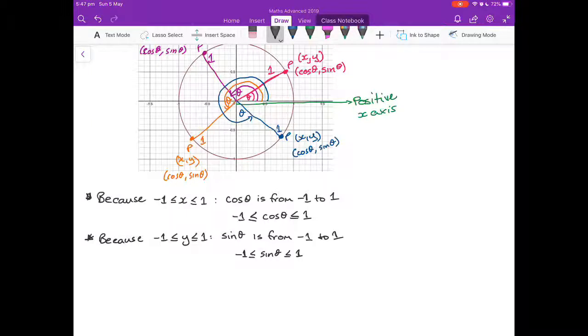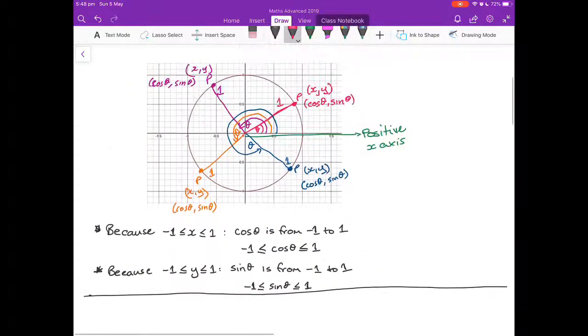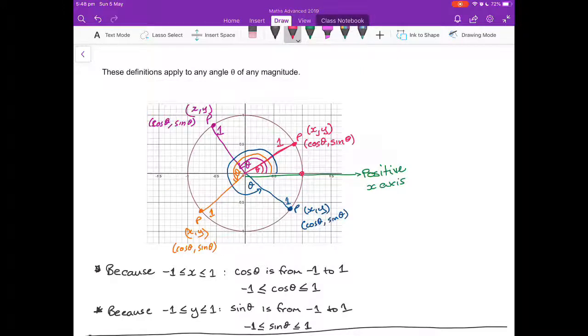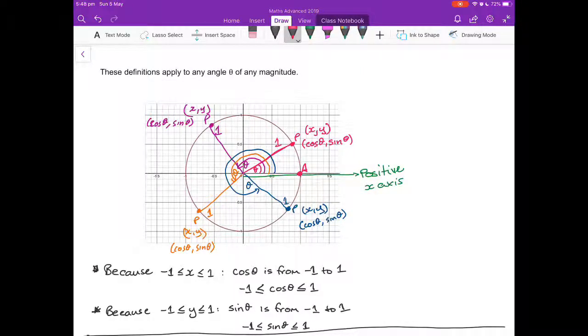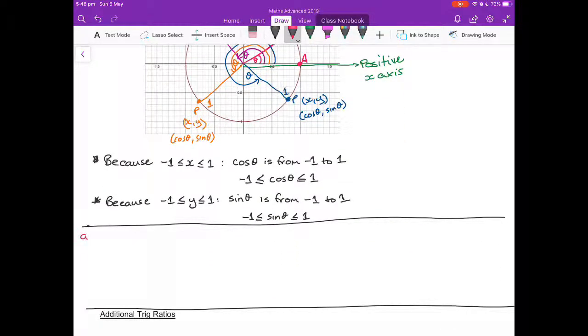Okay. Now we've established that, let's have a look at some other bits and pieces we can find in our unit circle in terms of trigonometry. If we go back up to our unit circle and make a point right here, call it A. It's on the x-axis, it's on the unit circle, point A. At A, we can say that theta equals 0 degrees.